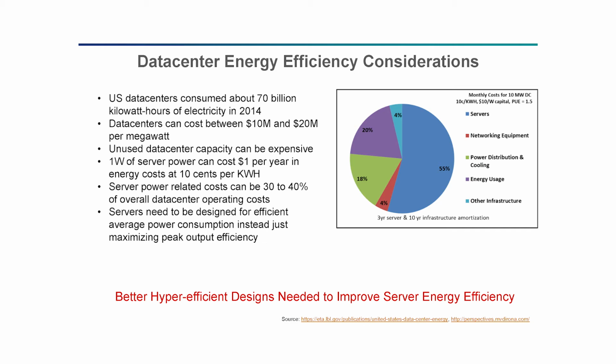Yes, energy usage, so it's based on kilowatt hours. Now this is based on a 3-year life. If you go to a 5-year life and you don't replace your servers every 5 years, the acquisition cost stays the same, and these pieces get even larger. So it's really important to pay attention to energy efficiency.